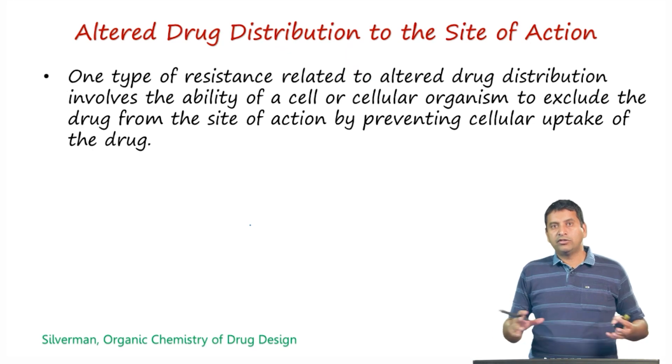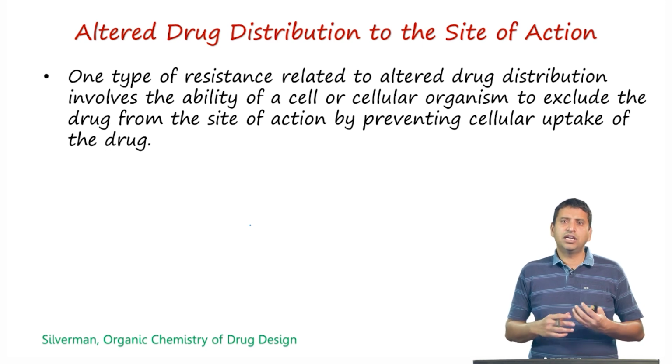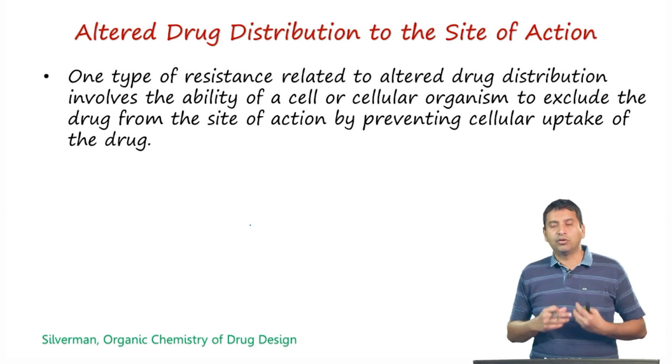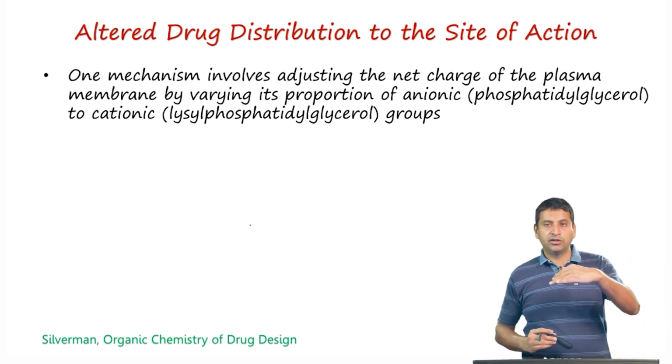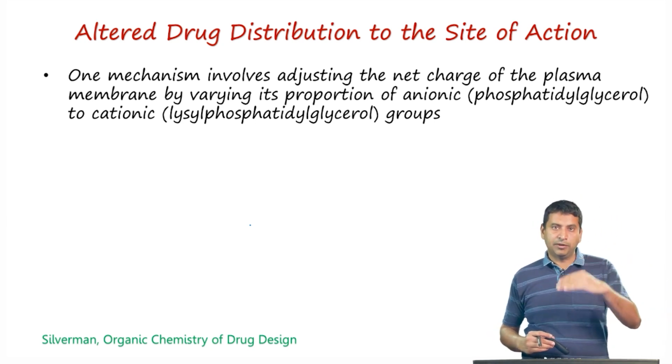Another way in which resistance can occur is altered drug distribution to the site of action. This happens when the cell or cellular organism excludes the drug from the site of action by preventing cellular uptake of the drug. One of the ways in which this can occur is by changing the net charge on the membrane.